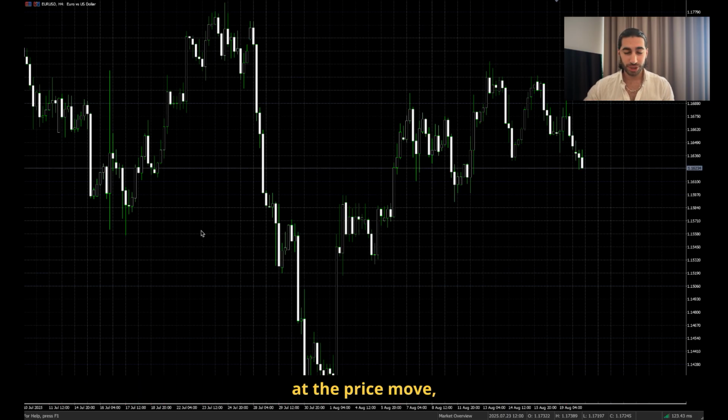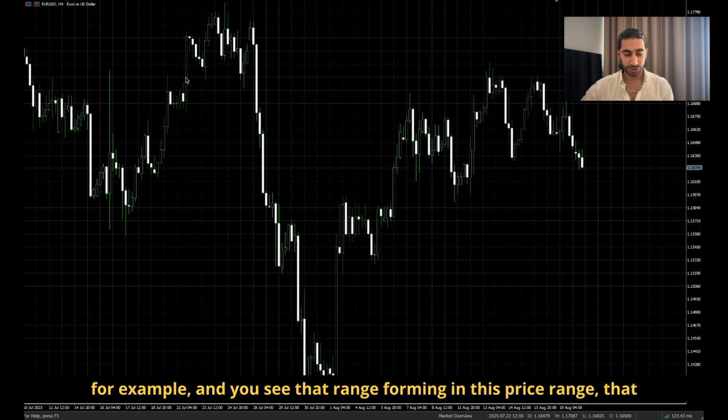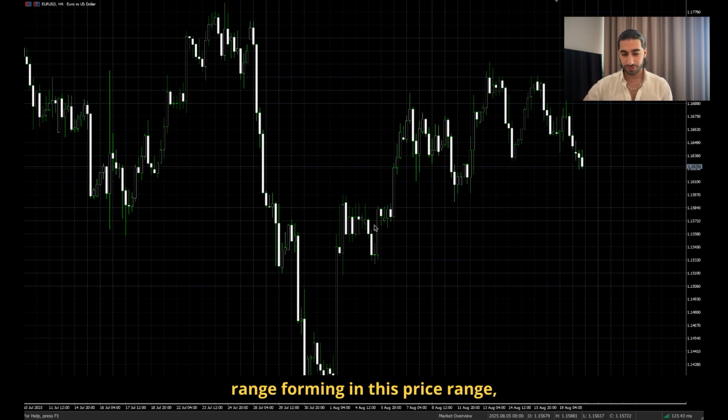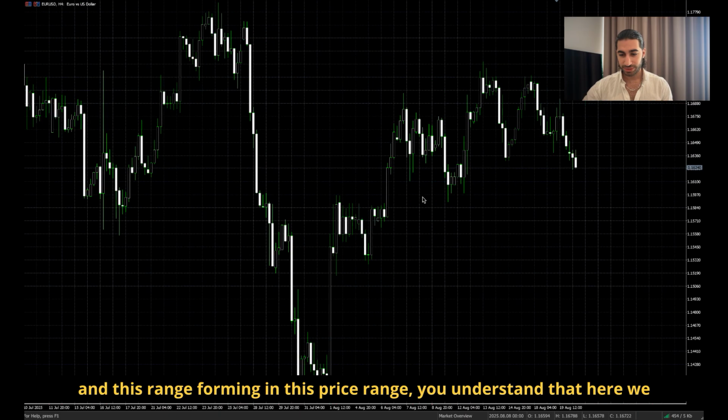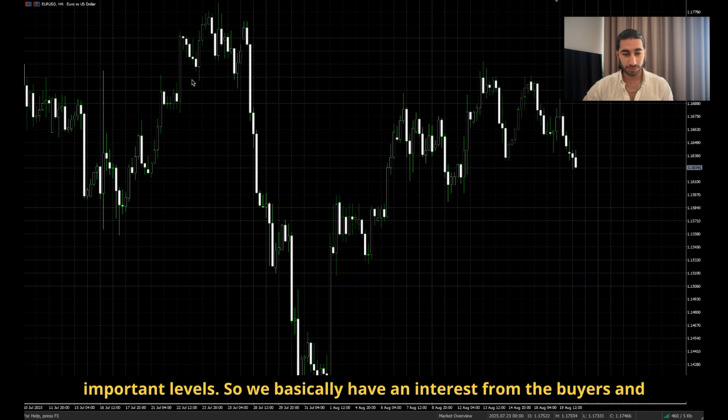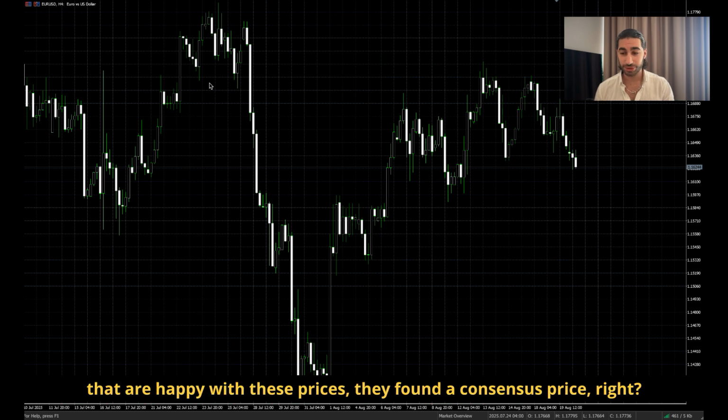So when you look at the price move, for example, and you see that range forming in this price range, that range forming in this price range, and this range forming in this price range, you understand that here we have important levels. So you basically have an interest from the buyers and the sellers that are happy with these prices. They found a consensus price, right?